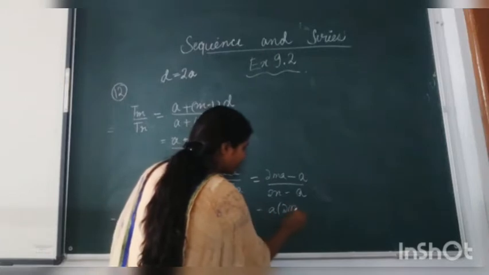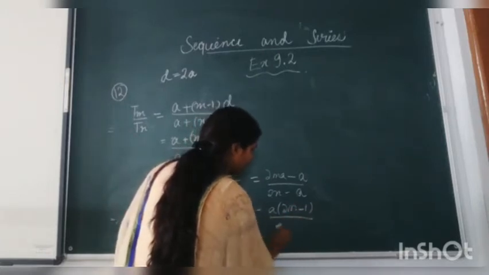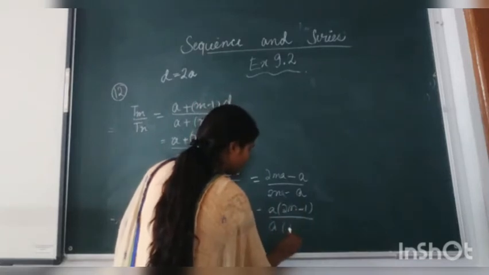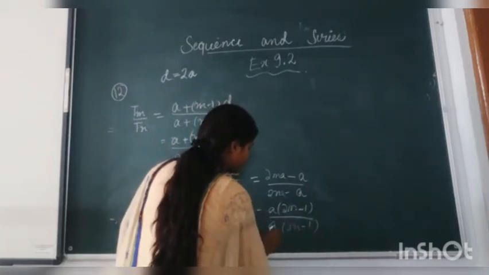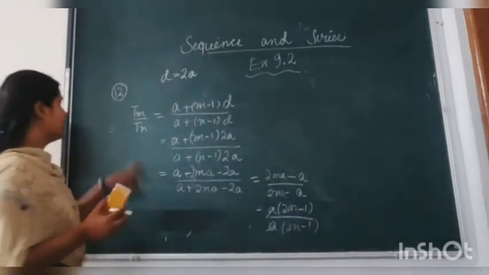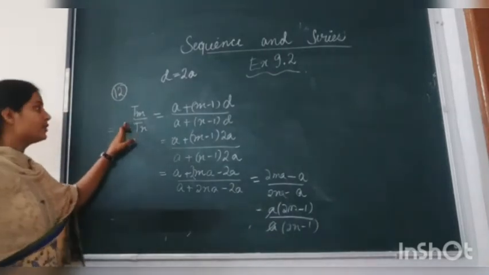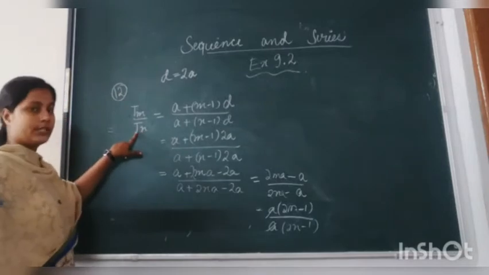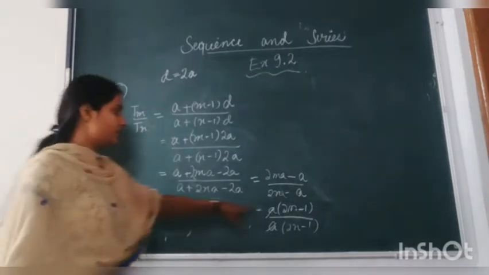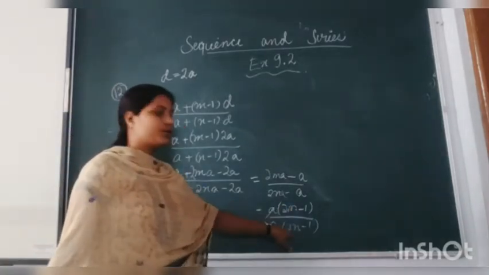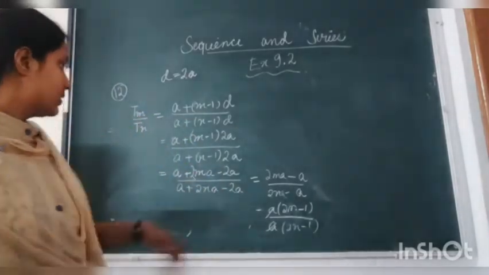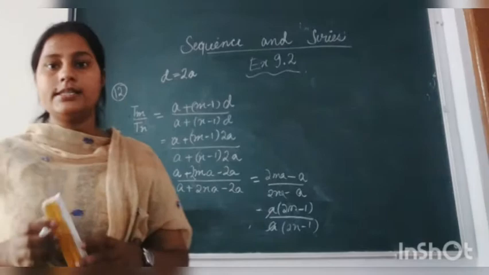It will be 2m minus 1 upon, a common taken by us, 2n minus 1. A cancels, and in the question we had to show that the ratio of the mth term and nth term of that AP is equal to 2m minus 1 to 2n minus 1. So like this we have shown that the values are in this ratio.